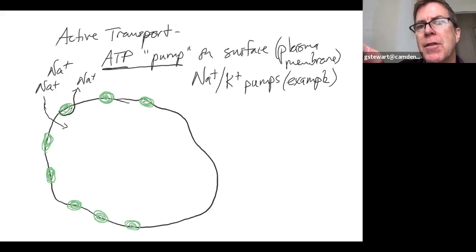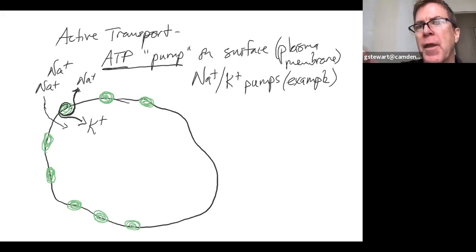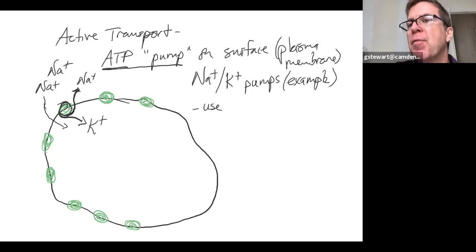So at the same time that this pump is pumping sodium out, it's also pumping potassium in. We'll come back to this pump when we talk about the nervous system. This is how a nerve cell sets up the potential for it to fire an electrical impulse, by this ATP driven pump. The last thing I'm going to say is these pumps are driven by an enzyme called ATPase.